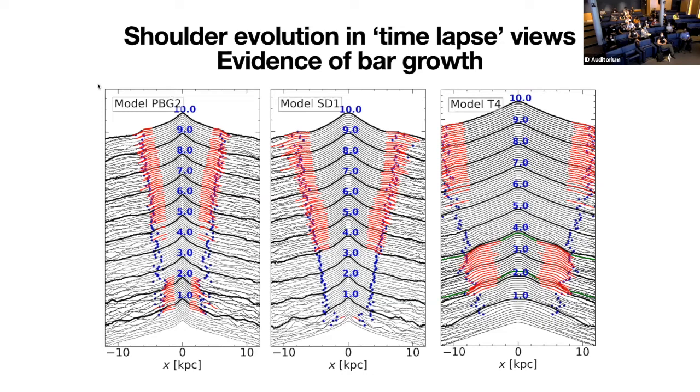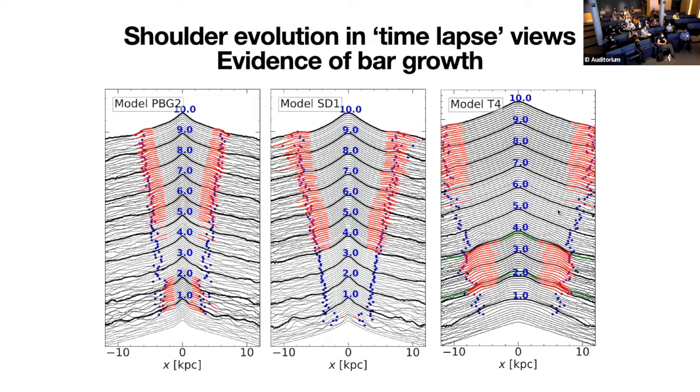You can see there are some early transient shoulders, and then they stabilize and persist in many models. In some models, they appear and can be suddenly destroyed by events like buckling and so on. But what we found in all of our simulations is that when the bar is growing is when these things appear. So we got a hint that the flat bar profile is a sign of bar growth.